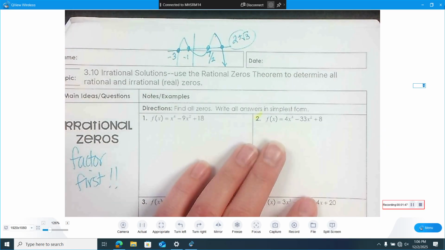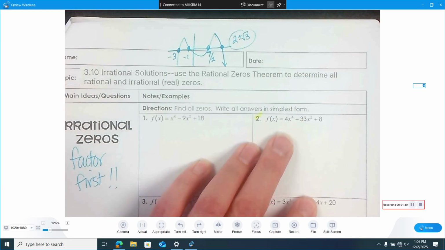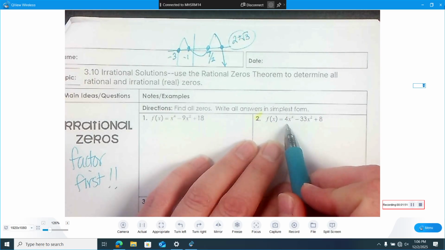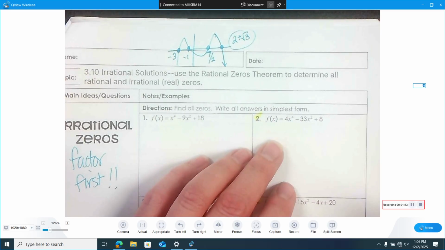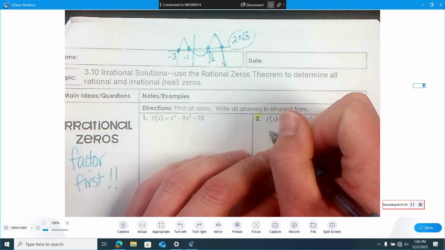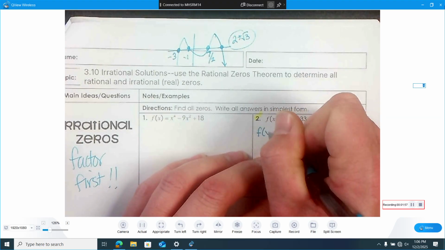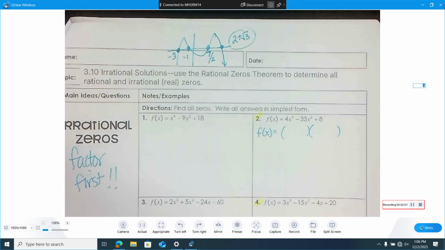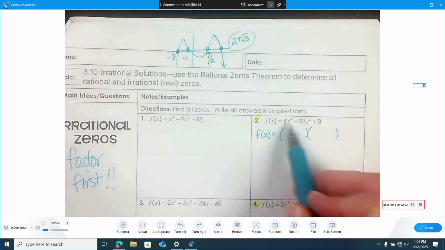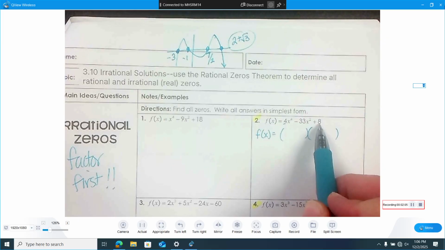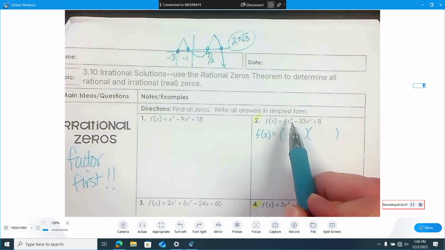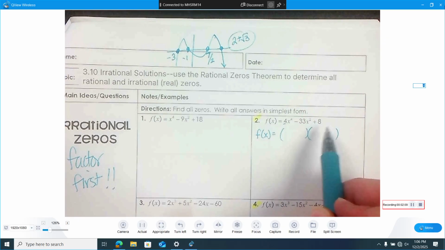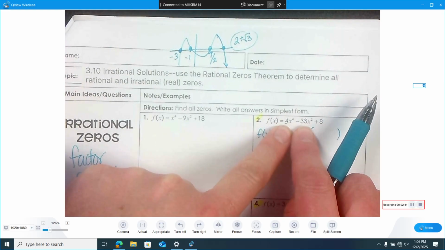So looking here at number 2. Looks complicated, but it's a trinomial. It's got 3 terms. And so I want to go ahead and just try to factor double bubble and see if I can do it. What is 4 times 8? 32. 32 is 1 away from 33.